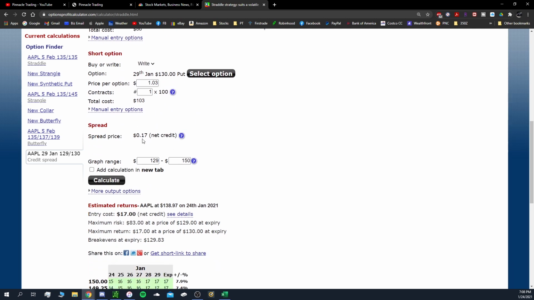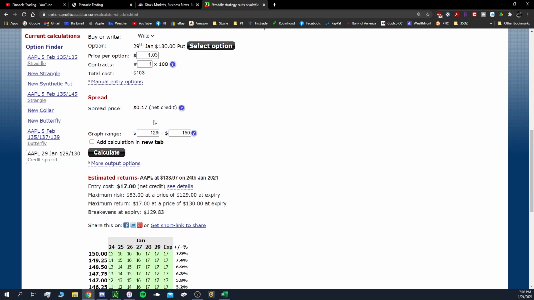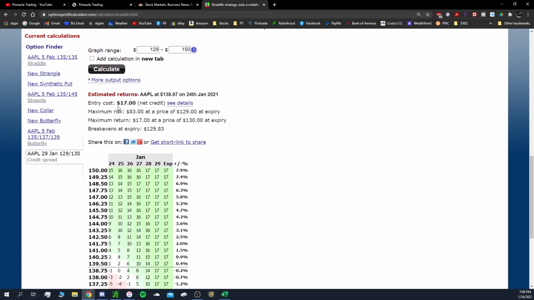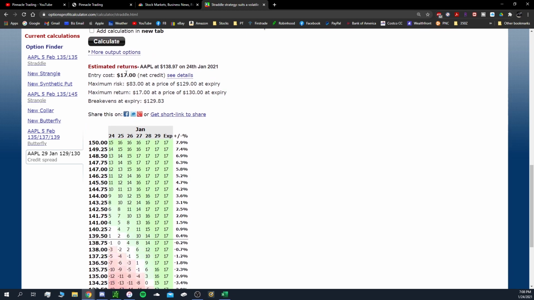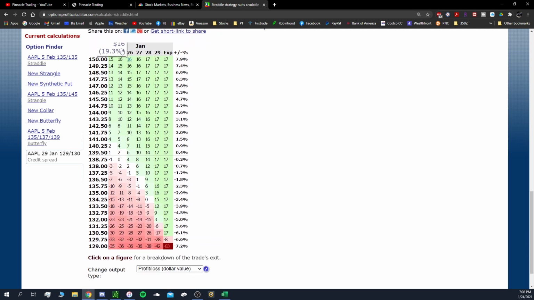So we're getting about 17, so 0.17 times 100, everything in options is times 100. So we have our entry cost at 17, which is 0.17, but that's our max profit as well. We enter at, and we have our max risk at 83 if it expires below 130. So we can see that wherever Apple goes, let's say Apple goes to about 145, which is right here, we get $17 max profit.